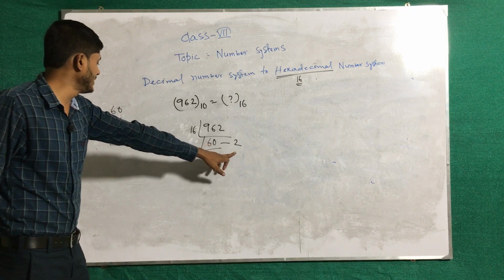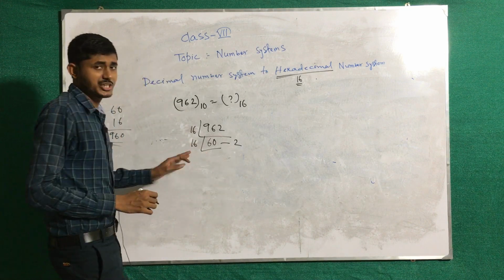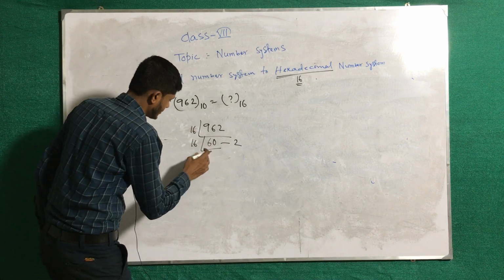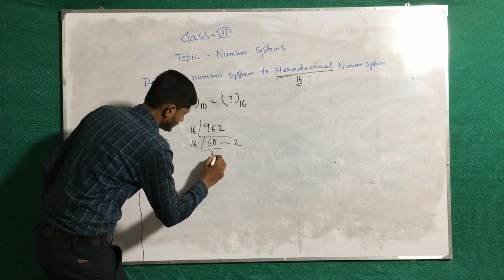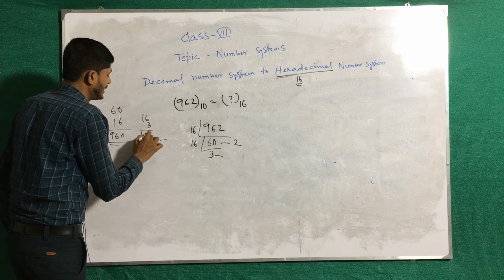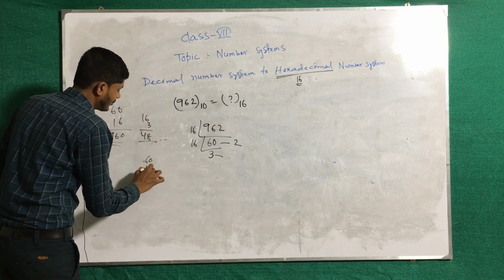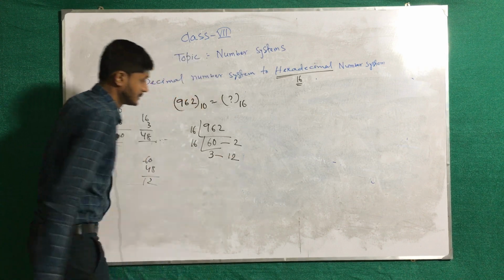So, the remainder is 2, and now 60 is divided by 16. 16 into 3 is 48. 60 minus 48, the remaining portion is 12. So, the remainder is 12.